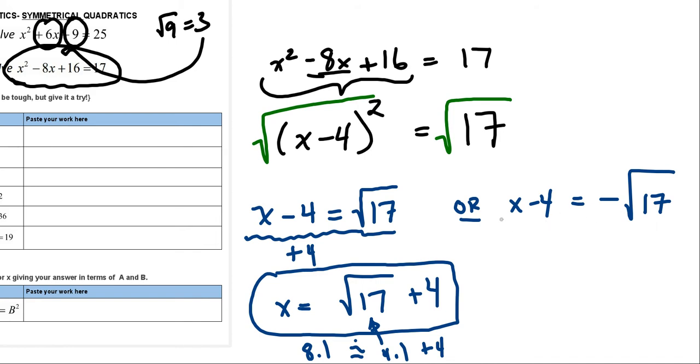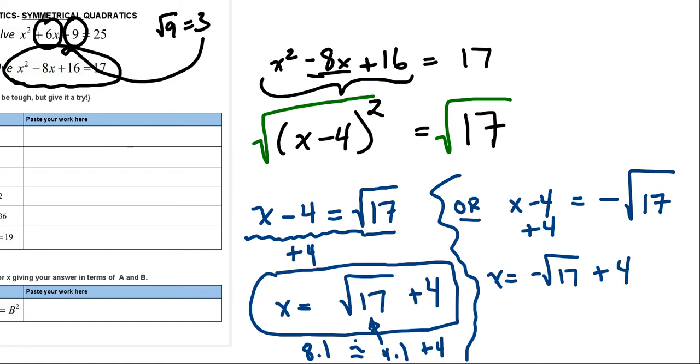And we're still going to get x by itself on this side now. We want to figure out that OR business. Well, the same thing. All we have to do is add 4. So we're going to get x = -√17 + 4. If you wanted to approximate, this is about 4.1, and it's negative, and then you have to add 4. You may or may not need a calculator. It's about negative 0.1. This is our preference, by the way. We're done technically if we stop here. It's nice formatting.